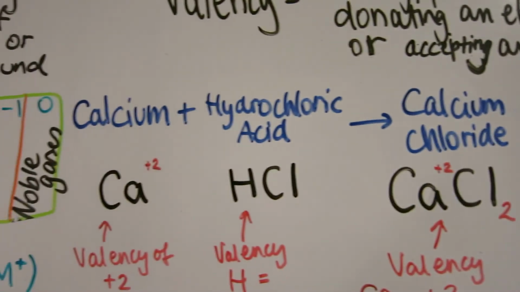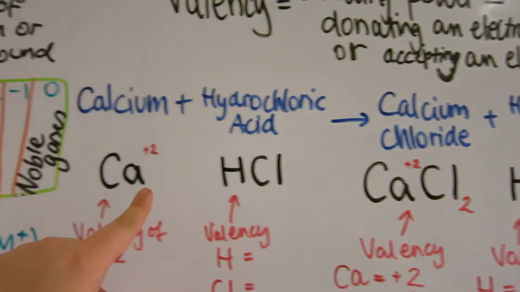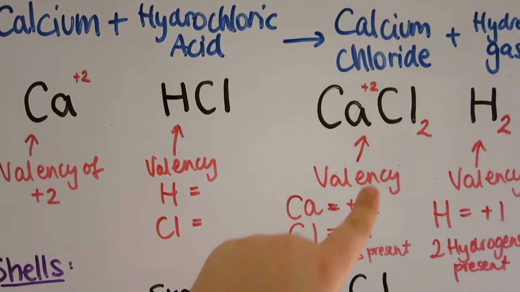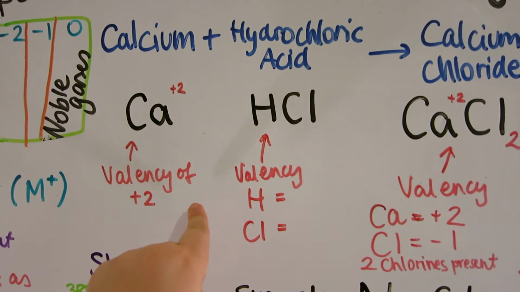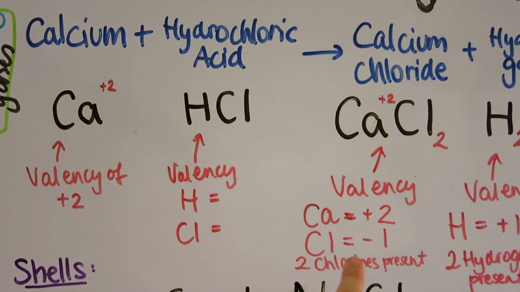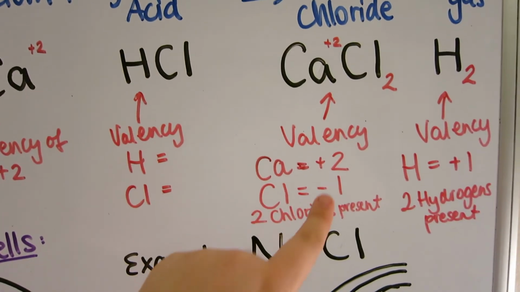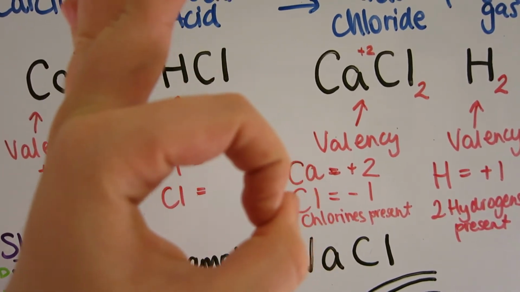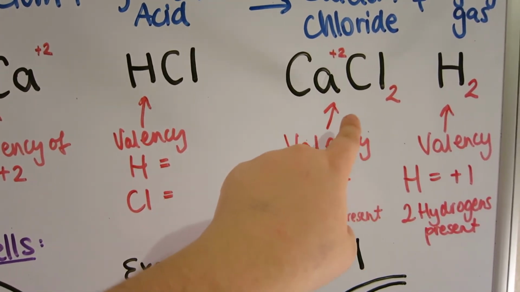So we have a chloride formed, so Cl, and we have our calcium ion, Ca. So let's look at the valencies. We've got calcium, which is +2 from before, and our chlorine, which was -1. If we've got +2 and -1, overall we want that to be 0. So we actually need 2 chlorines to be present.